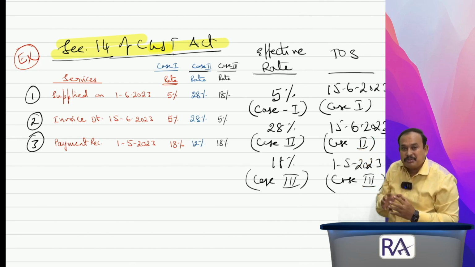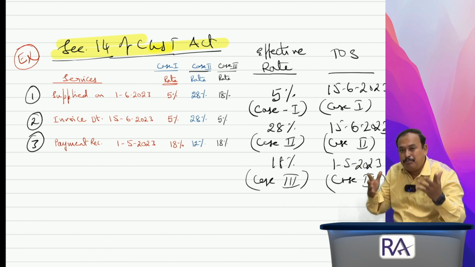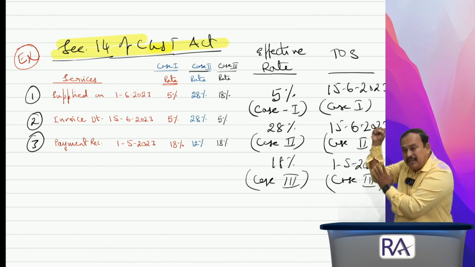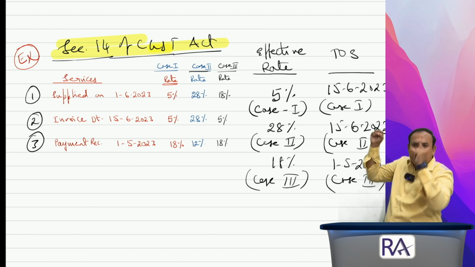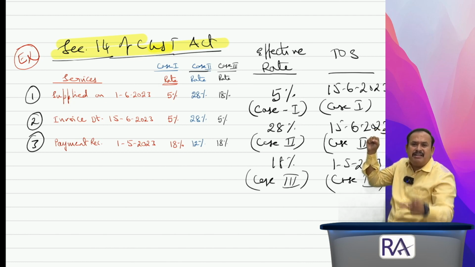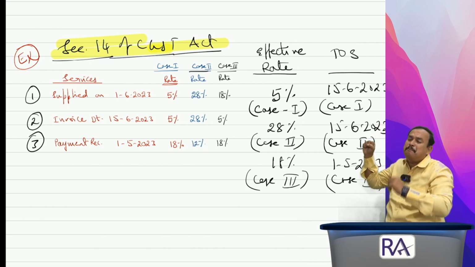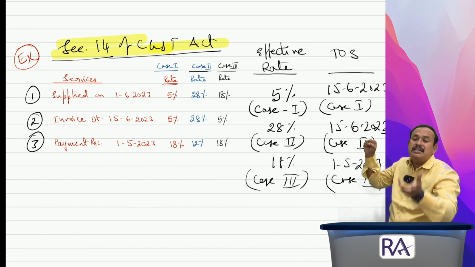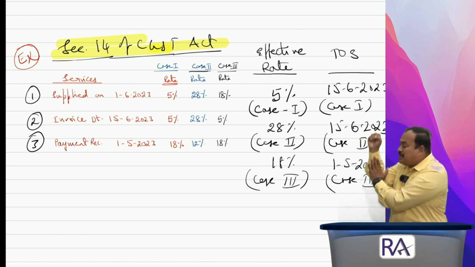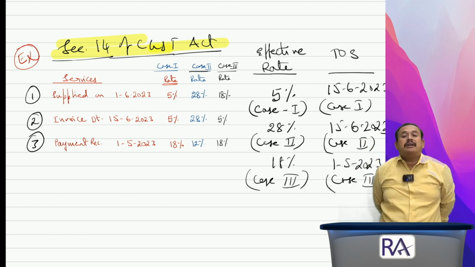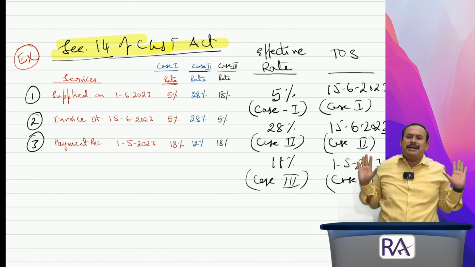Now a typical situation will come in the examination, a typical problem. With the date of completion of supply of service, neither the date of payment is matching nor the date of invoice is matching. In that case, simple, cool and relax.